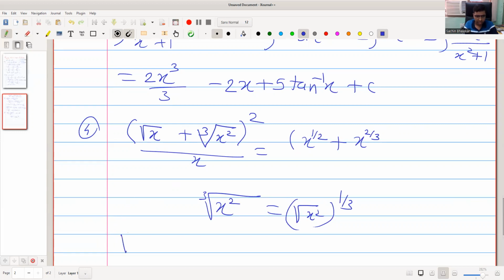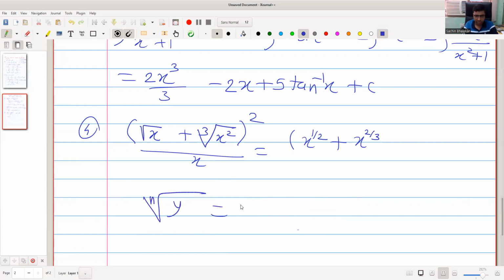If I'm writing nth root of y, then it is nothing but y raised to 1 by n. Maybe for square root, we don't write 2 here. By default, it is square root. So here it is n, then it is y raised to 1 by n.